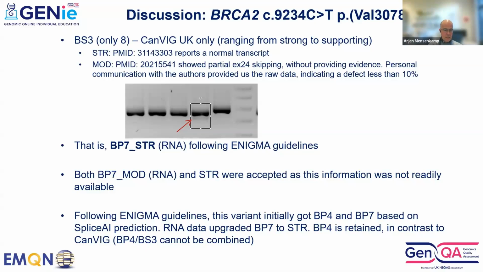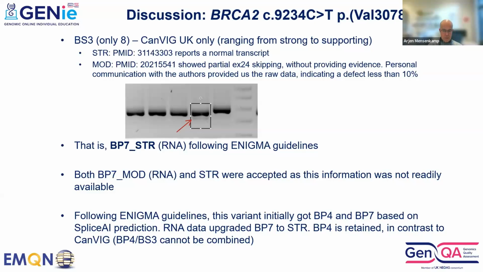And then there is an even more difficult point: following the ENIGMA guidelines, if you do not take into account the splicing data, you start with BP4 and BP7, as it is a synonymous variant not expected to be causing any splicing. However, as we do have RNA data, BP7 can be upgraded to strong, just like I did on this slide.